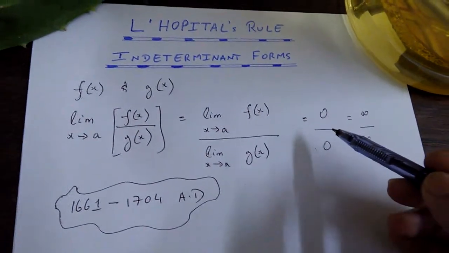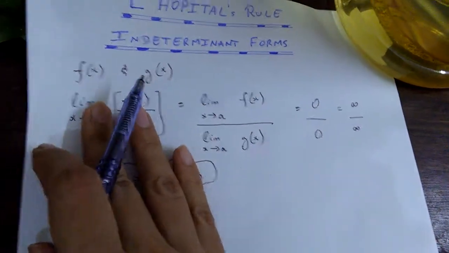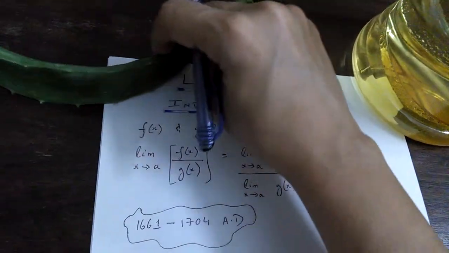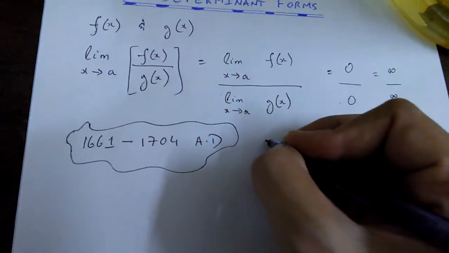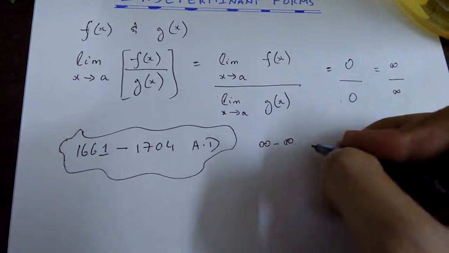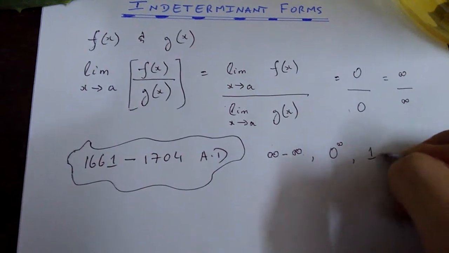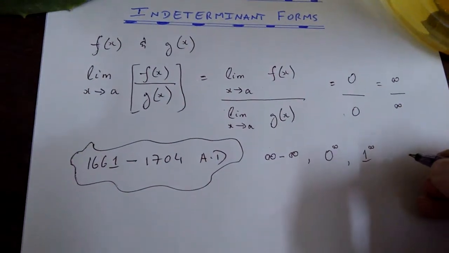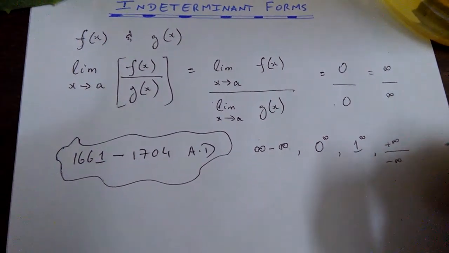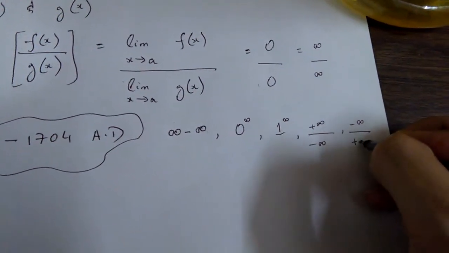Along with these two indeterminate forms, 0 upon 0 and infinity upon infinity, we have some other indeterminate forms as well. After applying the limits, you can have a situation like infinity minus infinity, and we can have 0 power infinity, 1 power infinity, or we could also have positive infinity upon negative infinity, or negative infinity upon positive infinity.